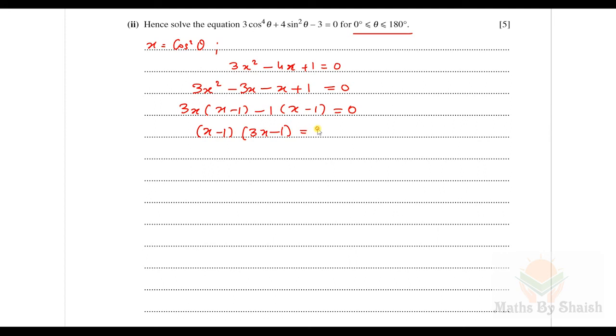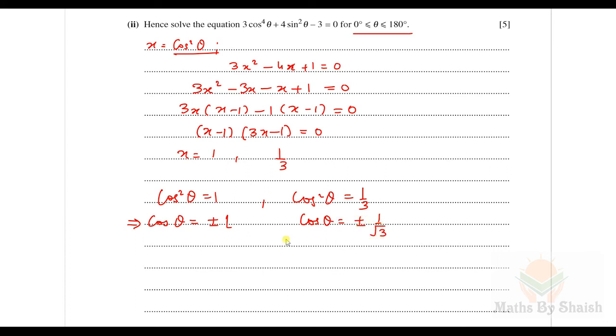So we got the roots of this quadratic equation, that is 1 and 1 by 3. So from here we'll substitute back and we'll get cos square theta as 1 and cos square theta as 1 by 3. So from here we got cos theta as plus minus 1 because square, and from here we'll get cos theta as plus minus 1 over root 3.